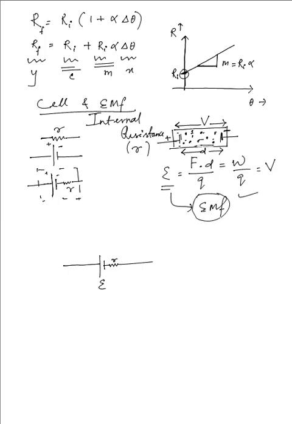The external circuit is driven by a cell, obviously, because an external circuit needs some potential difference to operate. As far as Ohm's law is concerned, it tells us that there must be a potential difference in order that there is a flow of current across a given conductor. So we have this EMF over there, and that is provided to the external circuit, which comprises a resistance.